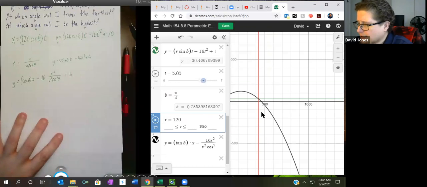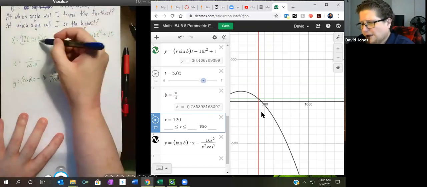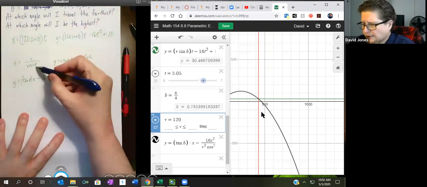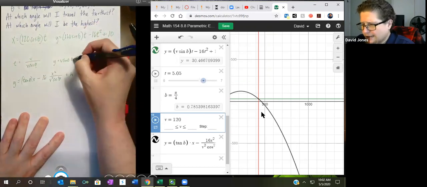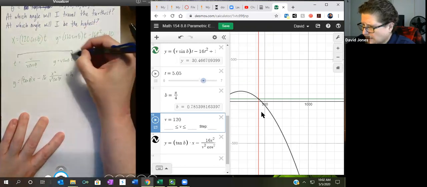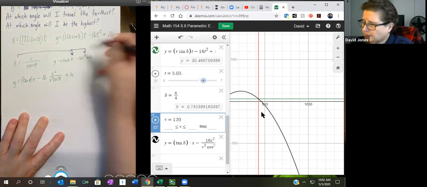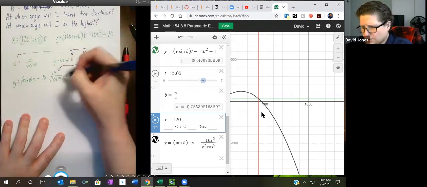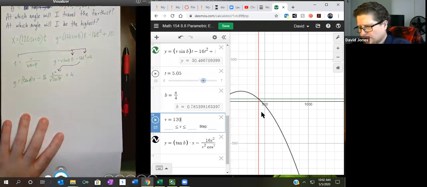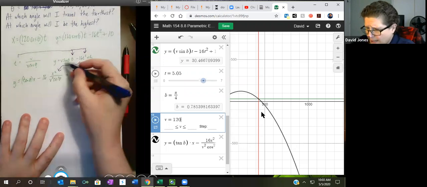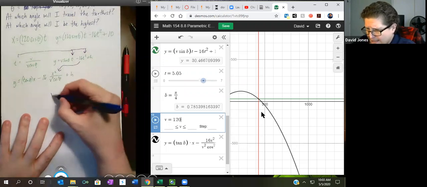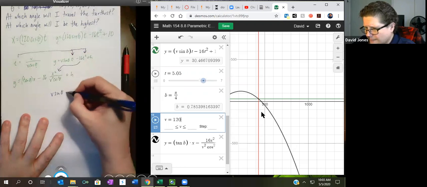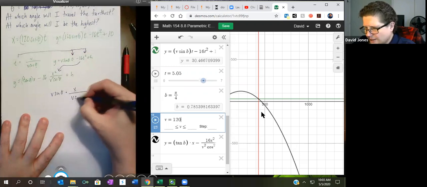So what I did is I solved for t, divide by v cosine theta, and I plugged t in right here, and I plugged it in there. So squaring that just gives me x squared over v squared cosine squared theta. And then we have v sine theta times x over v cosine theta.